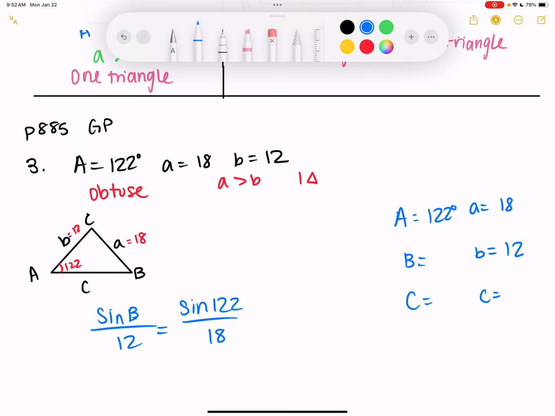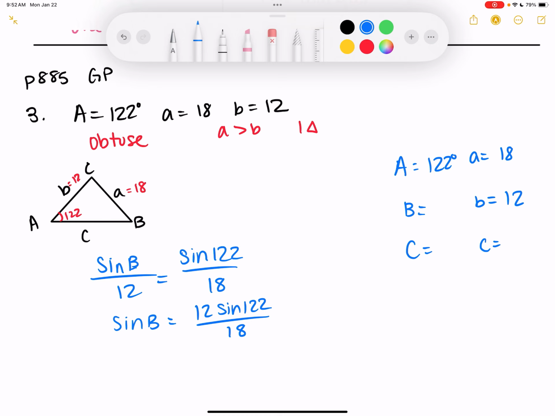So multiply by 12. So sine of B is equal to 12 sine of 122 over 18. Now I have to take the inverse of sine to get that angle B. So B is going to be equal to the inverse sine of 12 sine of 122 over 18.